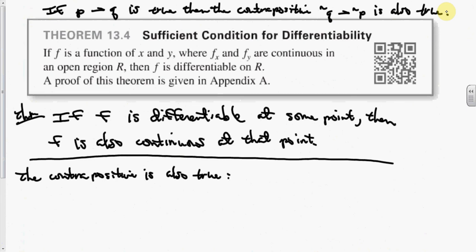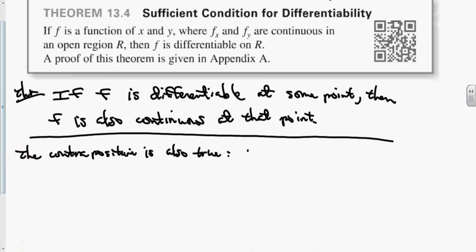So here, the contrapositive is also true. That is, if F is not continuous at a point, then F is not differentiable at that point.